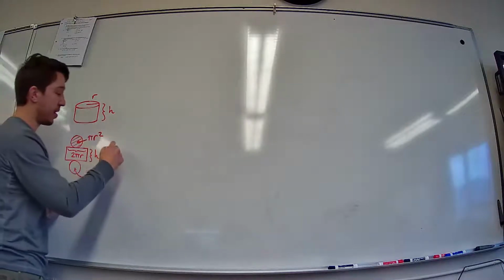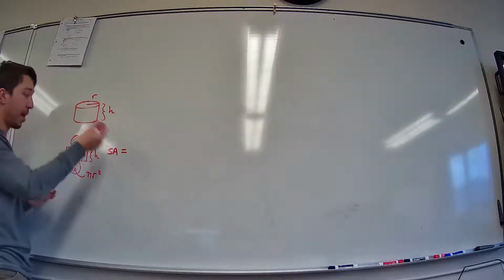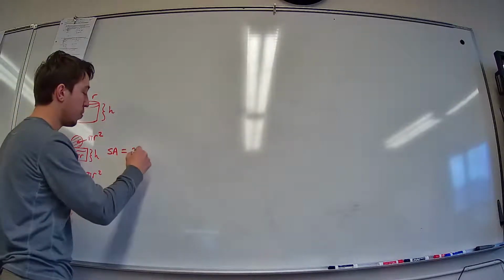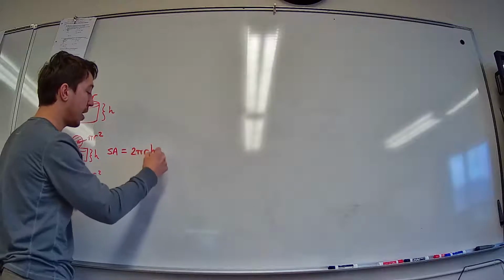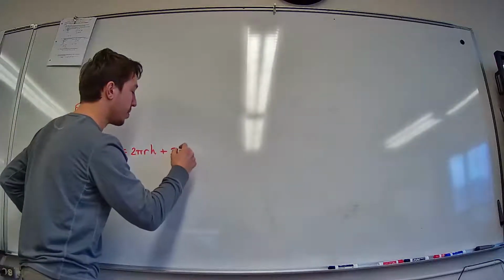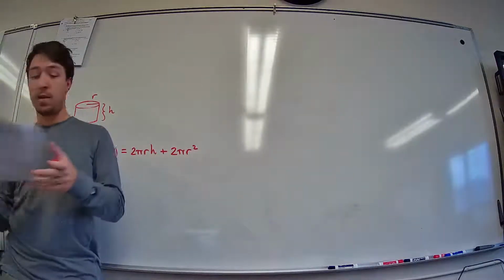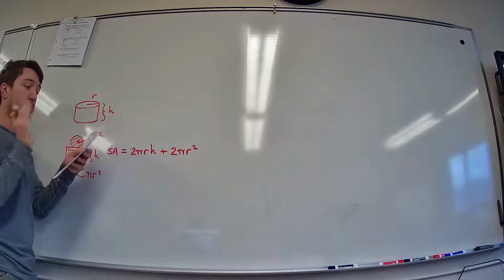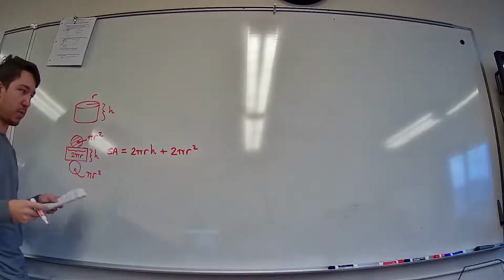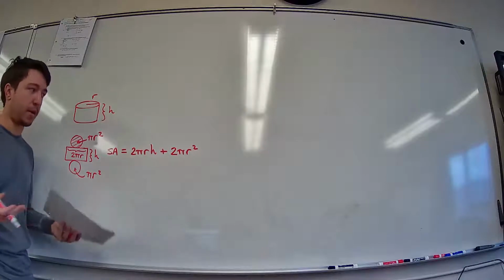So my total surface area of a typical cylinder, assuming it has a top and a bottom, would be 2 pi r times h plus 2 pi r squared. So in our problem here, slightly modified, this little cabinet has 3 flat shelves, so it's going to be 3 pi r squared instead of 2 pi r squared.